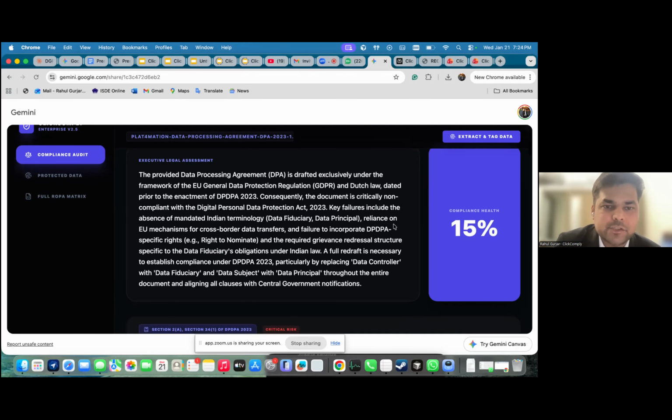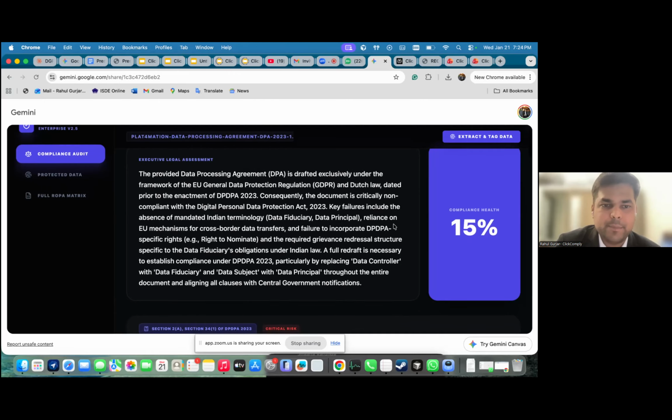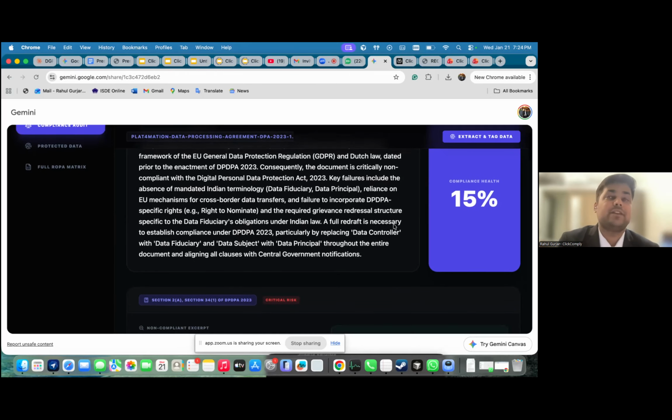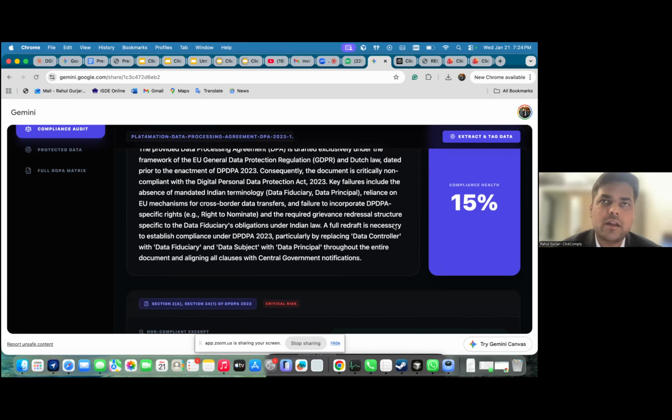Key failures include absence of mandated Indian terminology, data fiduciary, data principal, etc., reliance on EU mechanisms for cross-border data transfers, and failure to incorporate DPDP-specific rights, for example, the right to nominate and grievance redressal structure specific to the data fiduciary's obligation under the Indian law. Because even if our act is based on the GDPR, not everything has been transferred. Our Indian law also has new provisions and new wordings that are exclusively catered to our act.